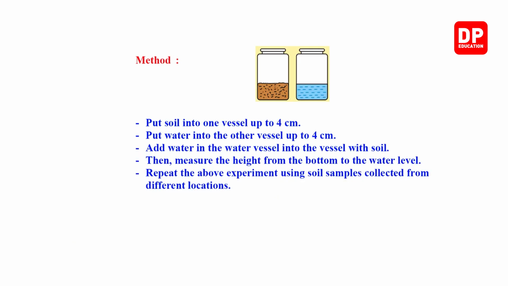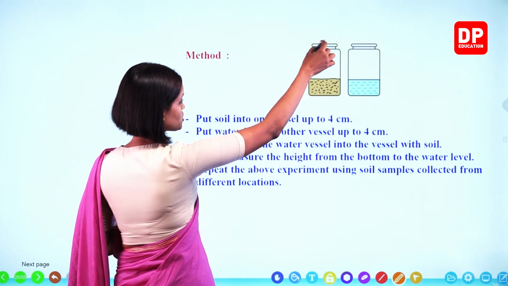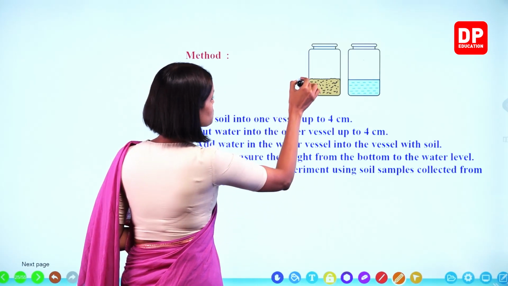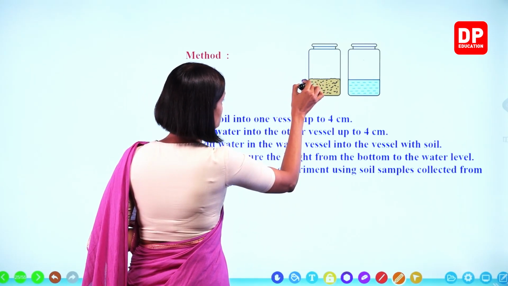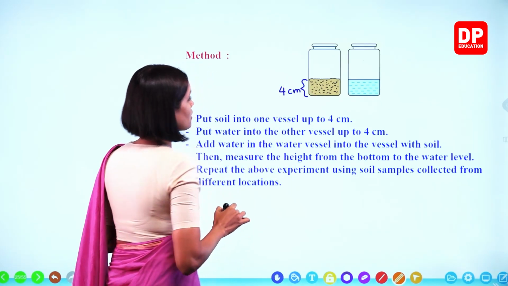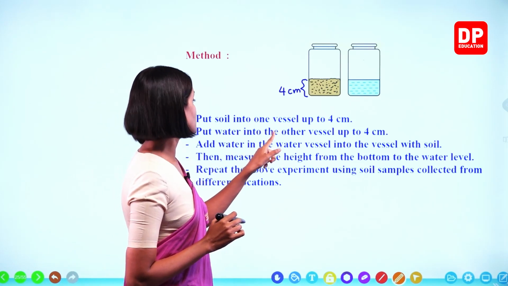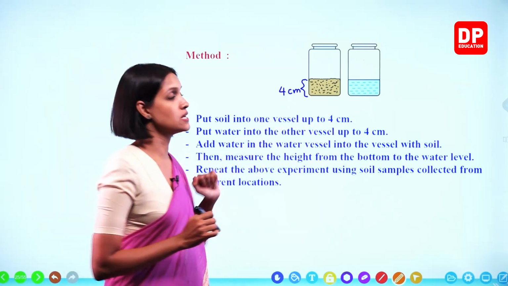We'll see how to do this method. Look at this one. Put soil into one vessel up to 4 centimeters. This is the jar with soil, right? This height should be 4 centimeters. Next, put water into the other vessel also up to 4 centimeters.